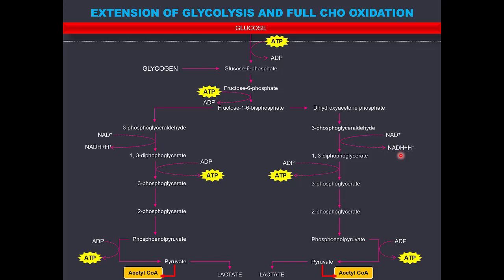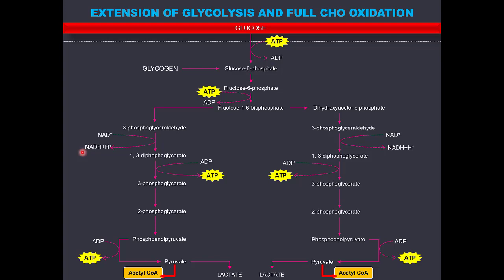So from one glucose 6-phosphate, we get two redox reactions during glycolysis, providing two NADH, one right here and one right here. And again, these NADHs are electron carriers. Each of them carry a pair of electrons. Now, we will discuss soon what this NADH is actually used for.